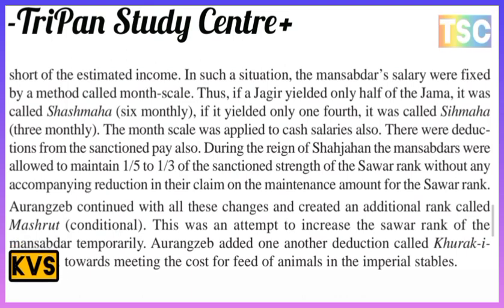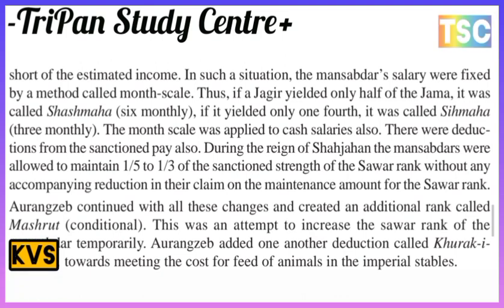There was also a deduction from the cash salary, and during the reign of Shah Jahan, a Mansabdar was allowed to maintain one-fifth to one-third of the sawar extent of the rank without any accompanying reduction in their claim on the maintenance amount of the sawar rank.